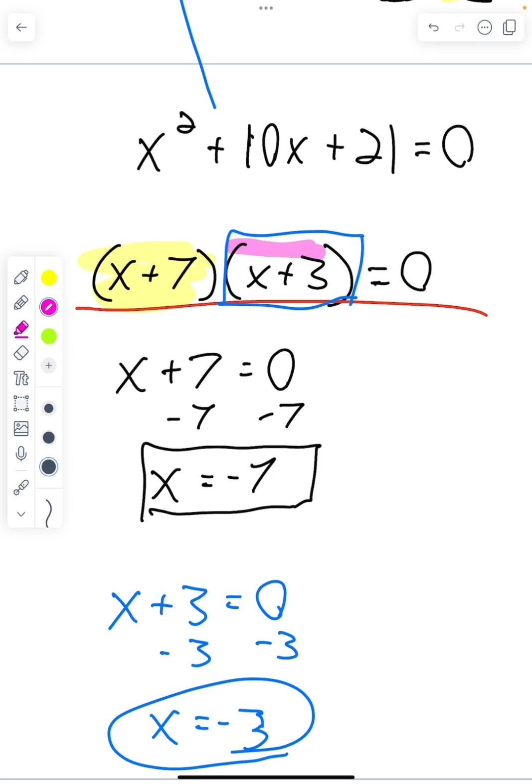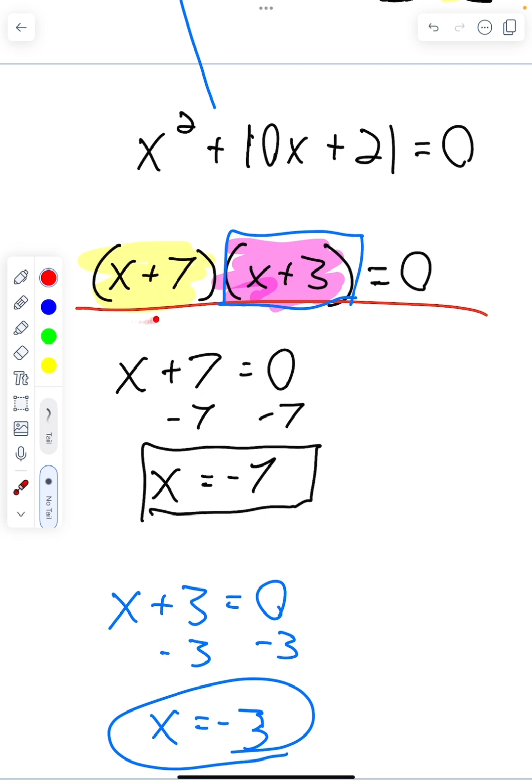If I just focus on this one here, and I plug in negative 3 for x, well, negative 3 plus 3 is 0. So now again, all of this is 0, just like I did over here. And since this is 0, it does not matter what this is. We can go ahead and do it if you want. This is negative 3 plus 7, which would be 4.